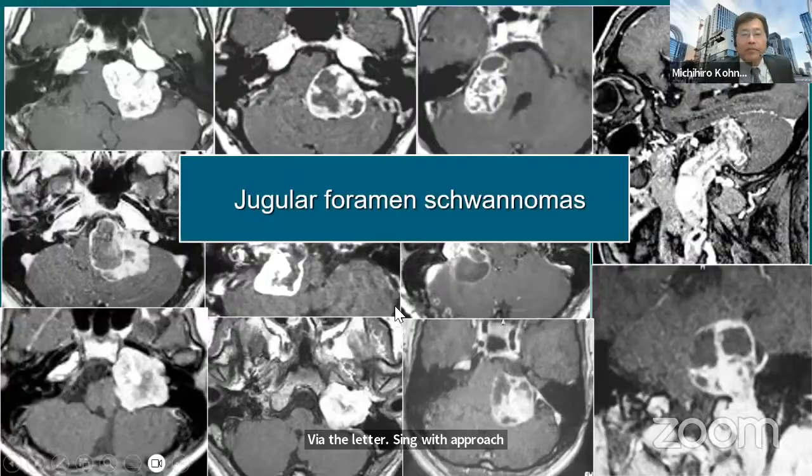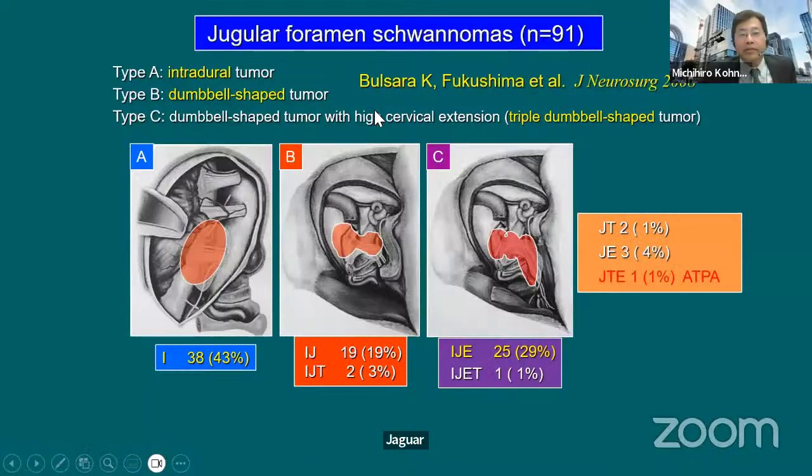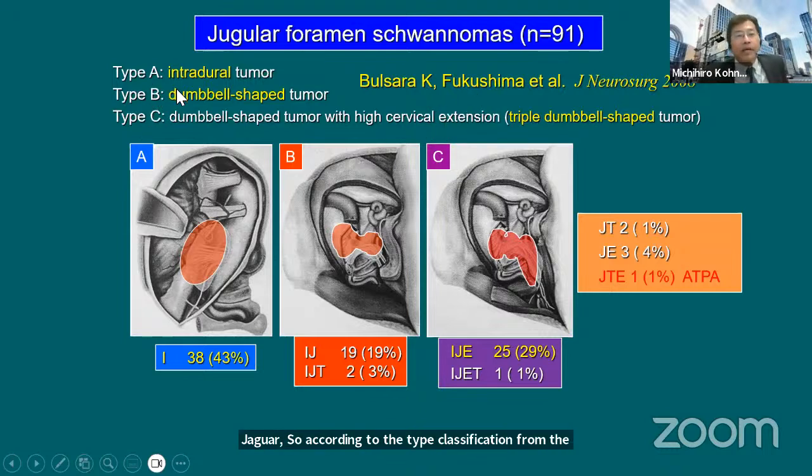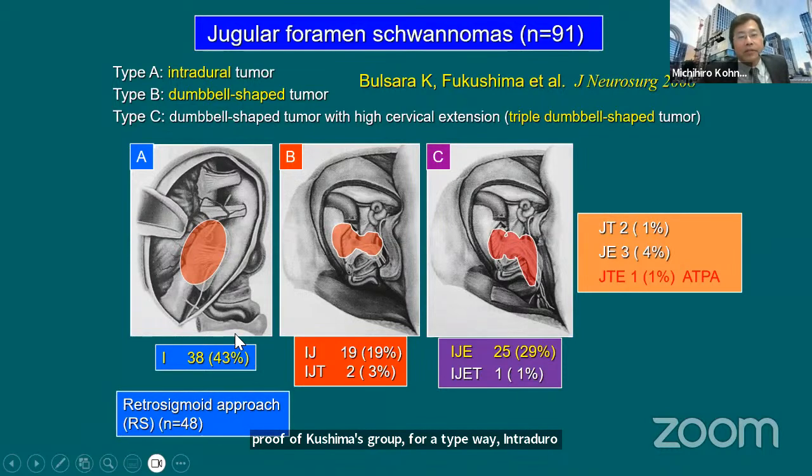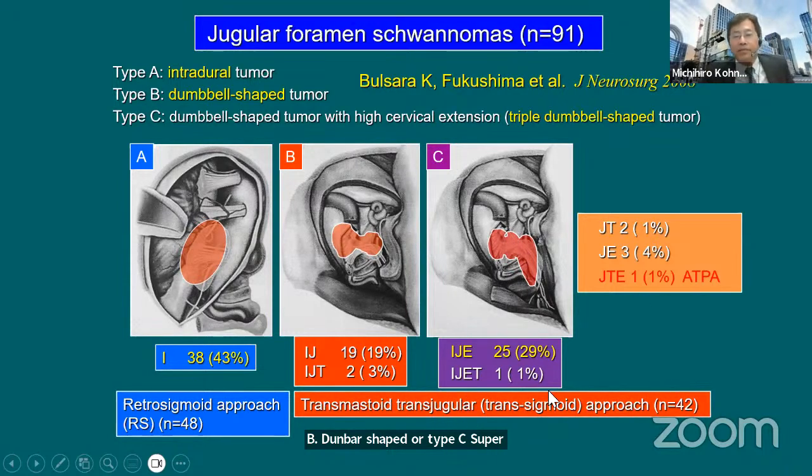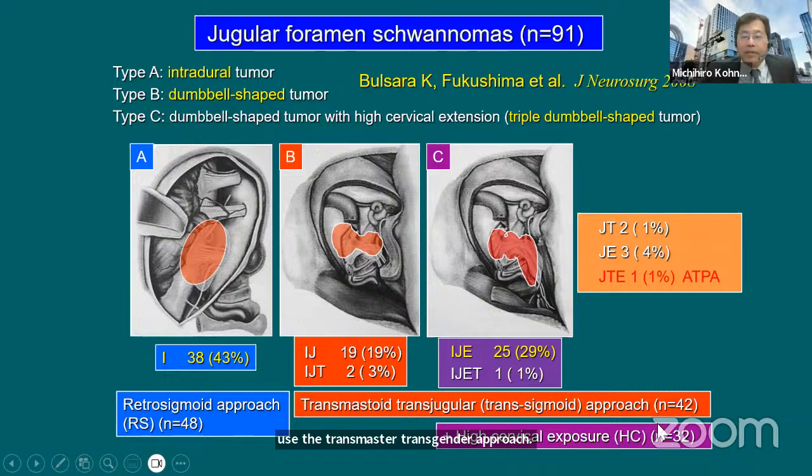Jugular foramen schwannomas: according to the type classification from Professor Fukushima's group, for type A intradural tumors, we use the retrosigmoid approach. And for type B, dumbbell-shaped, or type C, triple dumbbell-shaped tumors, we use the transmastoid transjugular approach. For type C, we add high cervical exposure.